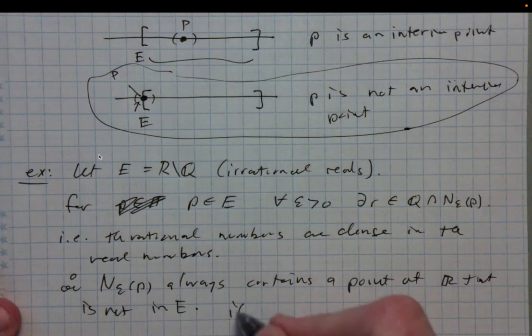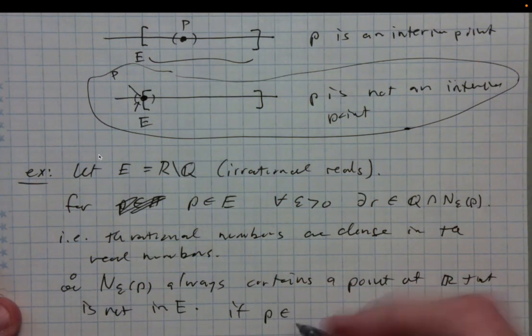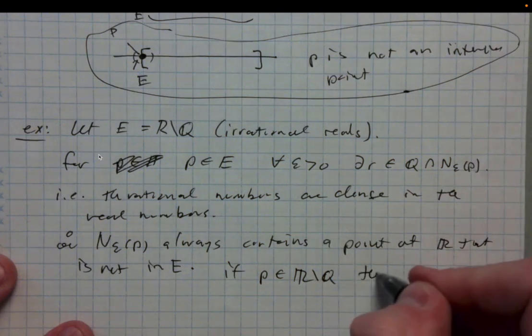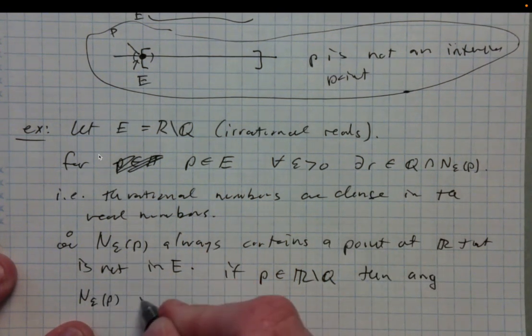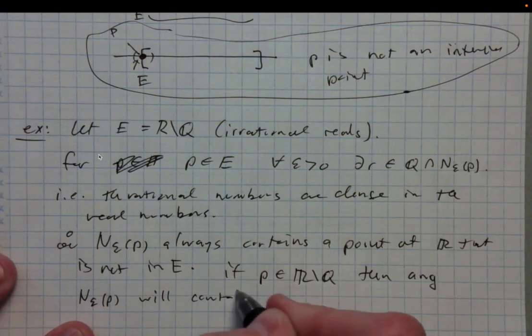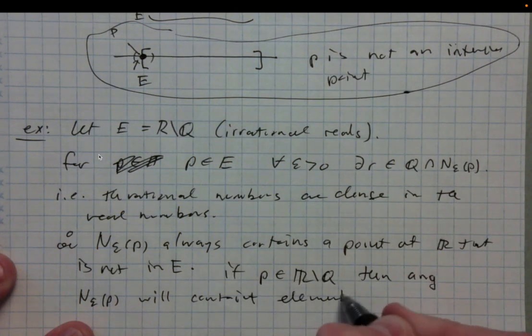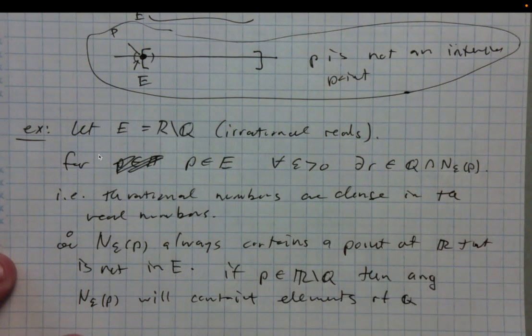So if P is in R minus Q, then any epsilon neighborhood of P will contain elements of Q, right? Will contain a rational number.